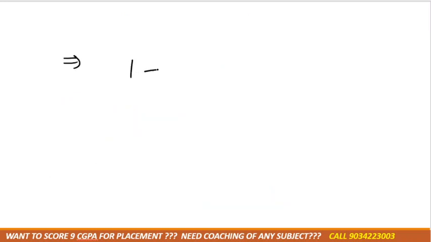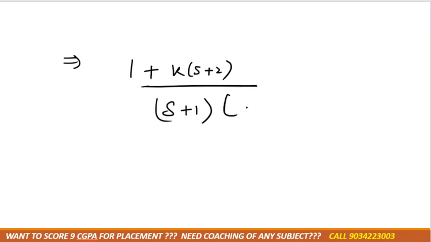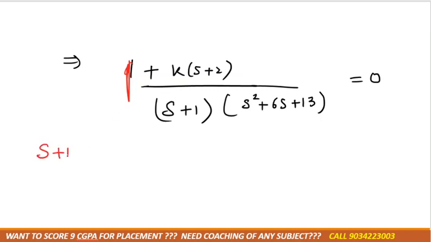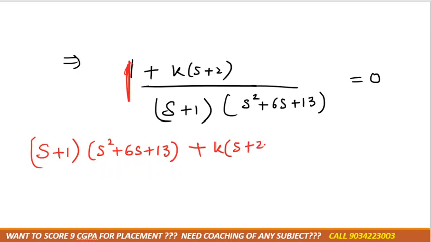Now in this case, 1 plus K into (s plus 2) divided by (s plus 1), and we solve that term, that would be s square plus 6s plus 13, correct, is equal to 0. Now we need to solve it further by taking the LCM. That would be (s plus 1)(s square plus 6s plus 13) plus K into (s plus 2).